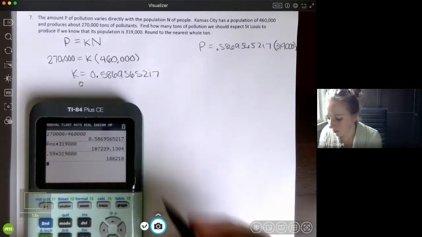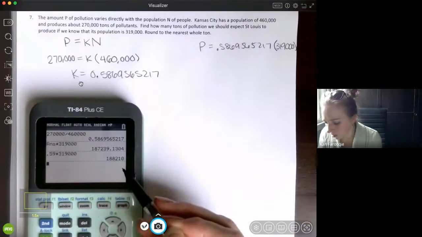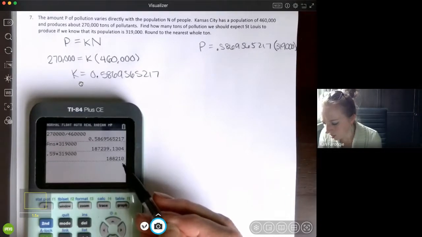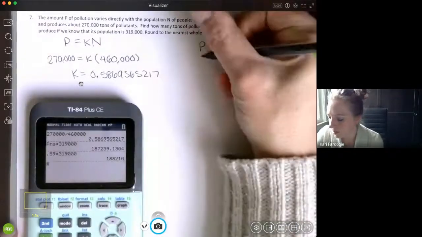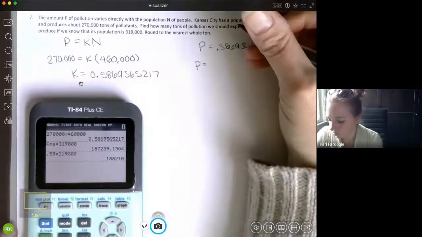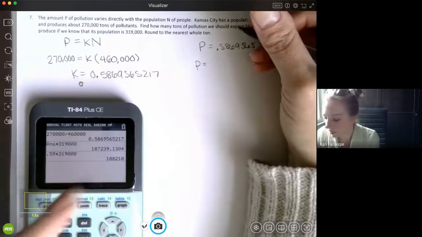You're still going to get close, but I don't really know, if we're rounding to the nearest whole ton, my math lab might have some background answers programmed for something like that. But really, your answer should be this one.